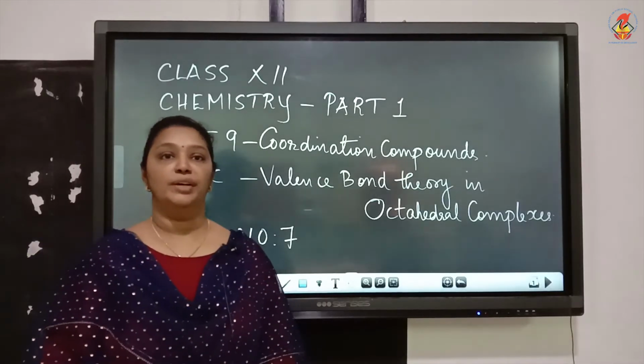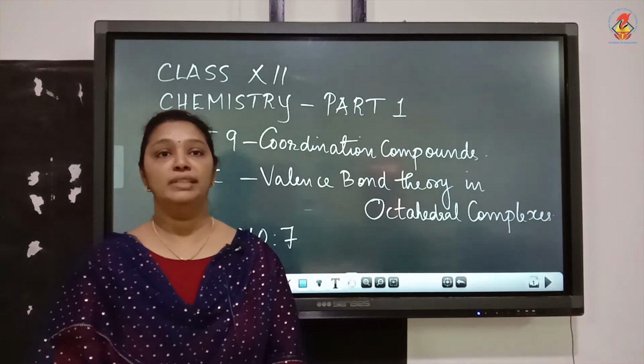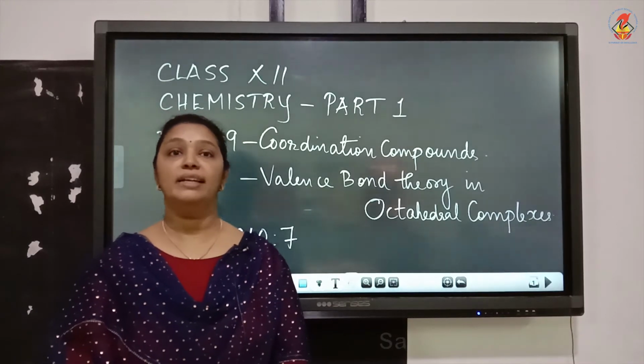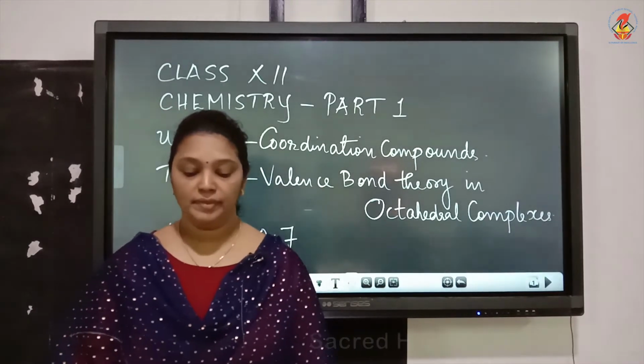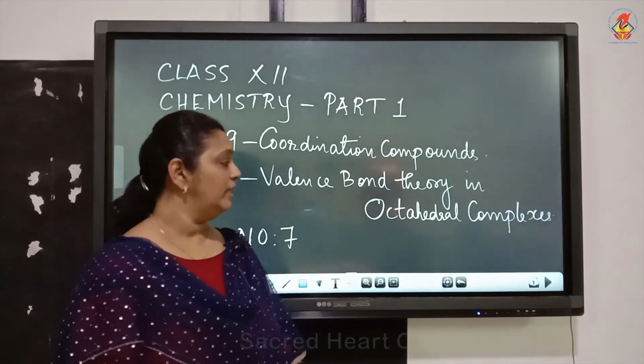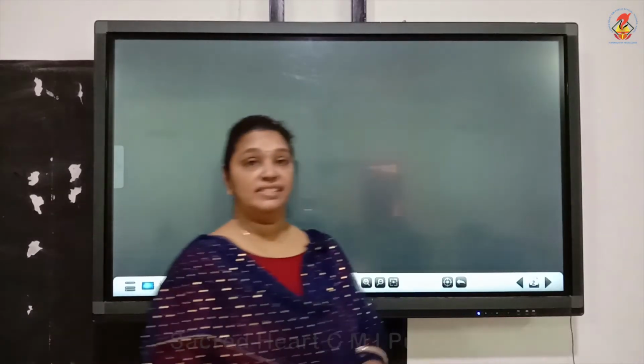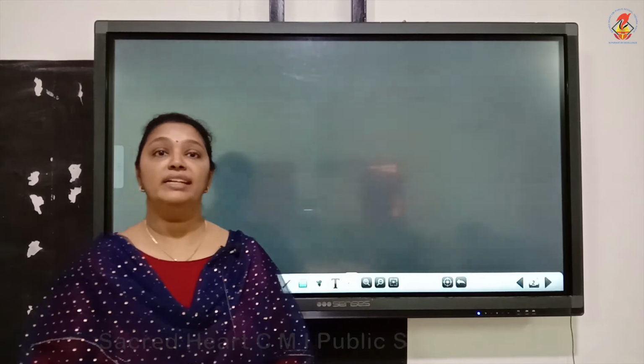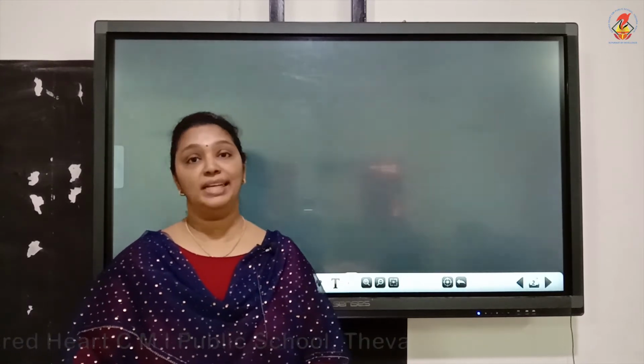In this video, we are going to see about the valence bond theory in octahedral complexes. Before we come to the examples, we can divide ligands into two types, strong ligands and weak ligands.